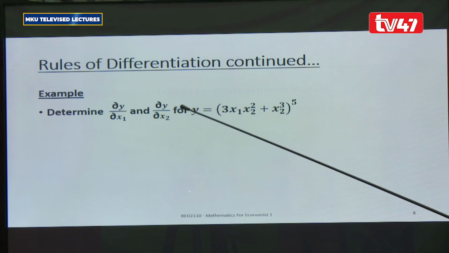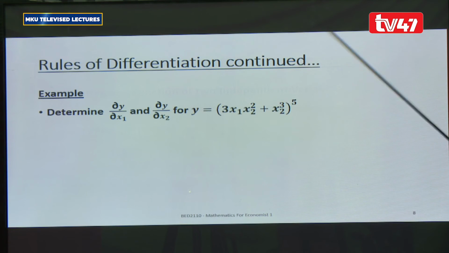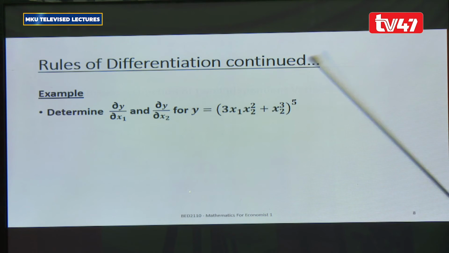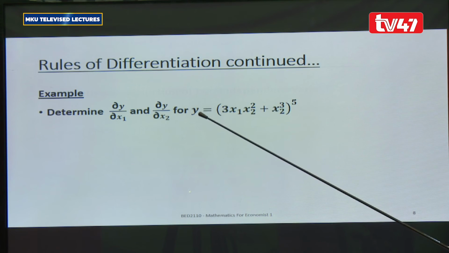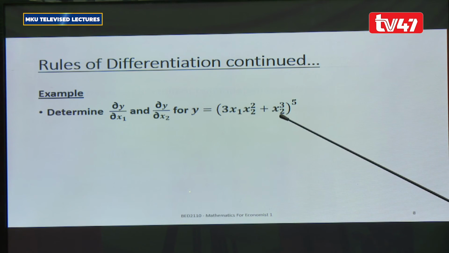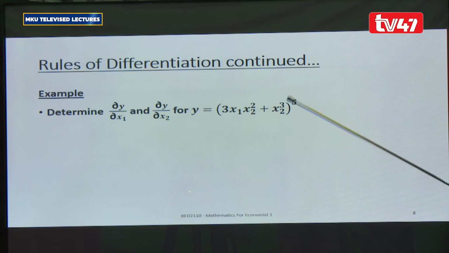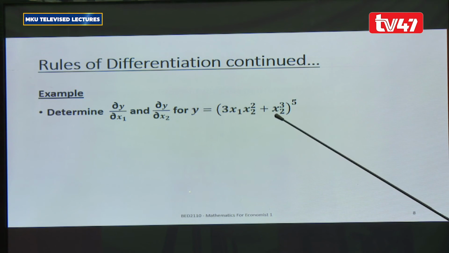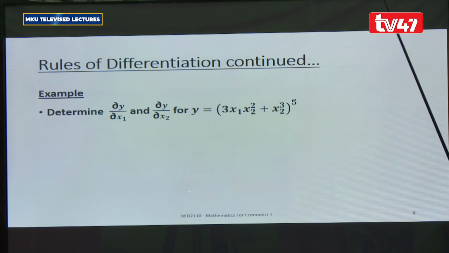You have to determine the partial derivative of this function. Now for us to understand well, if you look at this function, y equals, in brackets, 3x1 x2 squared plus 3 plus x squared cubed, the whole of it raised to power 5. Students, this is what I mean by a function within a function. The inner function in here will be considered as u.